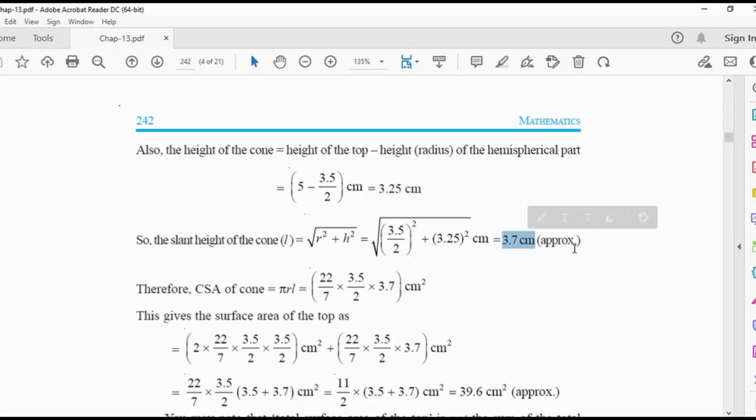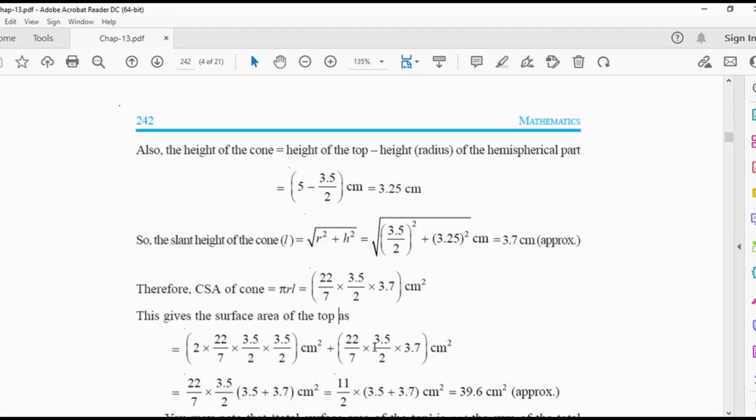That is an approximate value. Now the curved surface area of the cone will be pi r l. Use the formula pi r l. So you will get 22/7 times 3.5/2 times 3.7 centimeter square. Now you take the sum of these two areas, curved surface area of the hemisphere and curved surface area of the cone. Adding these two, the common numbers you can take outside the bracket.